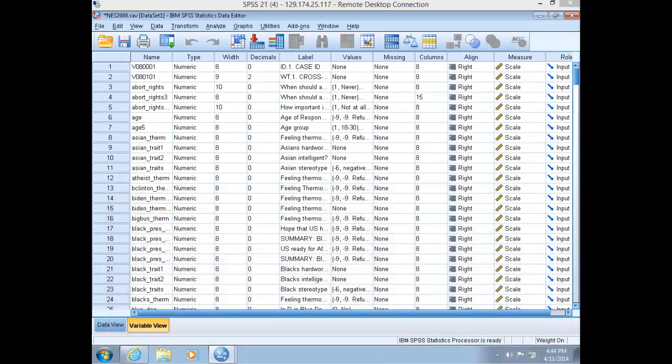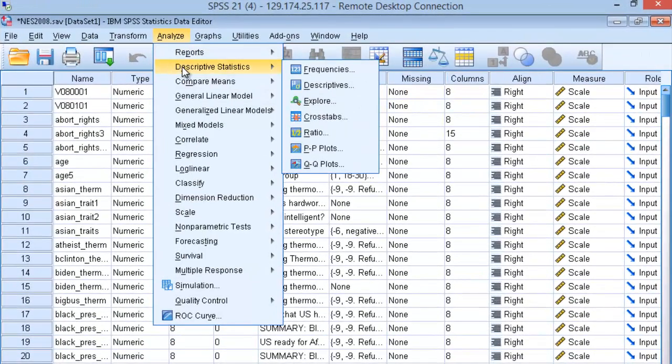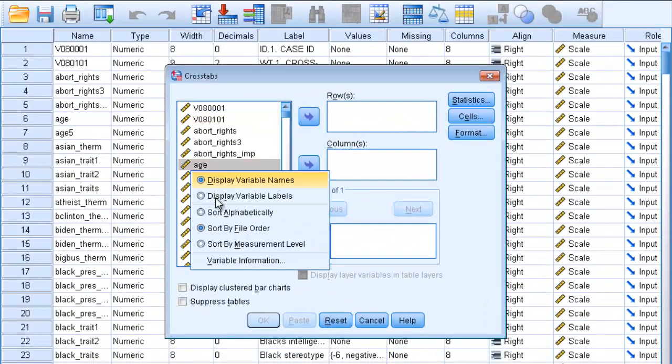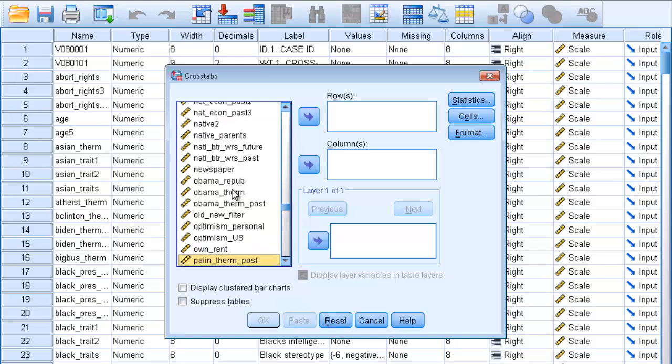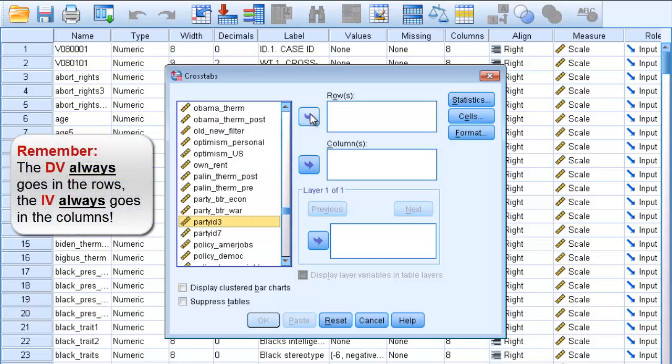So let's use SPSS to look at these two variables. Go to Analyze, down to Descriptive Statistics, and then select Crosstabs. And you're going to want to sort your variables here. First we're going to select our dependent variable, which is party ID 3, and we're going to place that into the rows pane here.